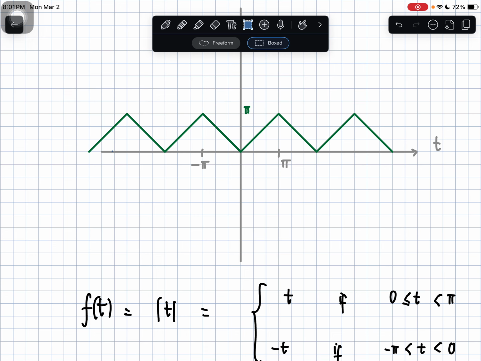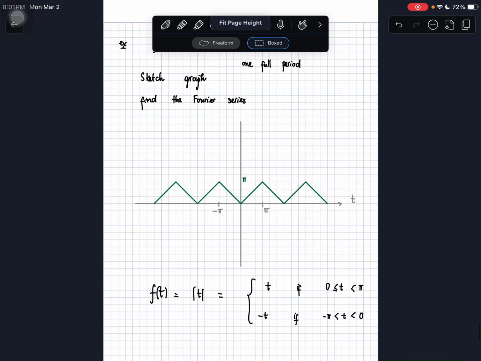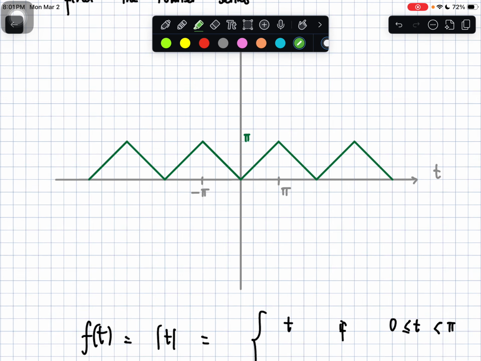Yeah, so here's a graph of the function f(t). One full period from minus pi to pi is what we are working with here. And for the other intervals, you copy the pattern, and we have this.